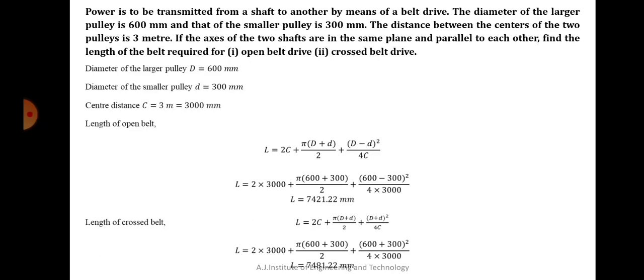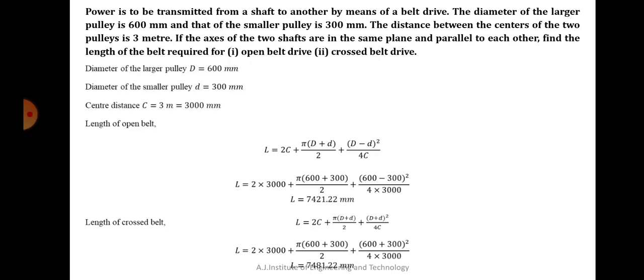Remember this, students, whenever the data is given with respect to diameter and length, it should be in the same units, preferably in millimeters, because you cannot keep one quantity in millimeters and another in meters. Here the center distance is given as 3 meters, that means 3 into 1000, which is 3000 millimeters.